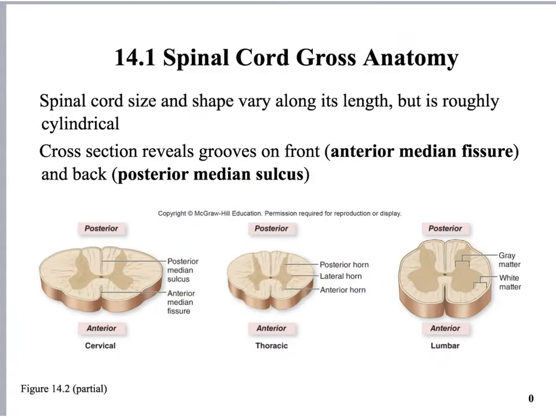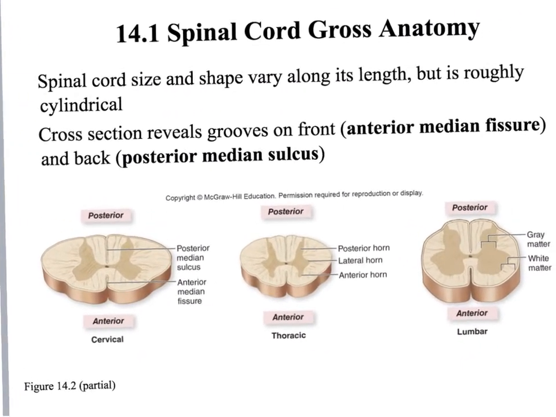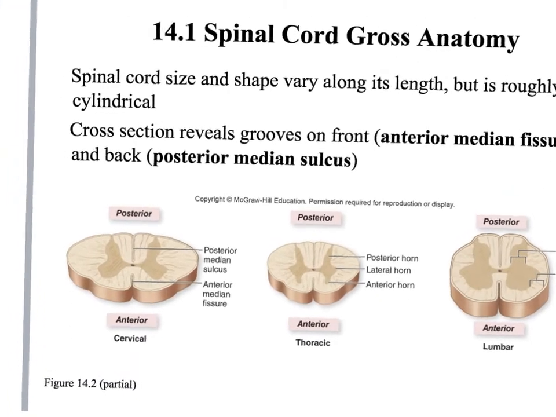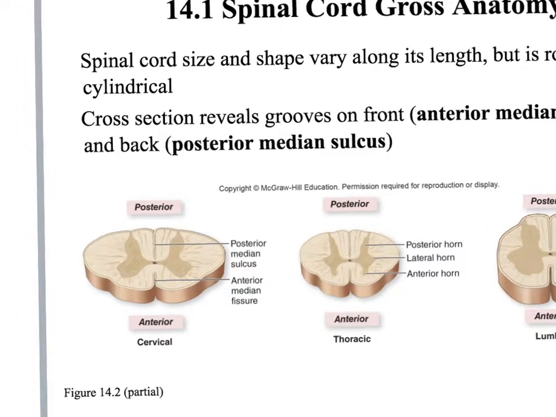Okay, so here's some more spinal cord gross anatomy, and what I want you to notice, there are some important parts to this. You'll notice that in the brain we had gray matter on the outside and white matter deep. The opposite is true for the spinal cord. So in the spinal cord you have this area right here.